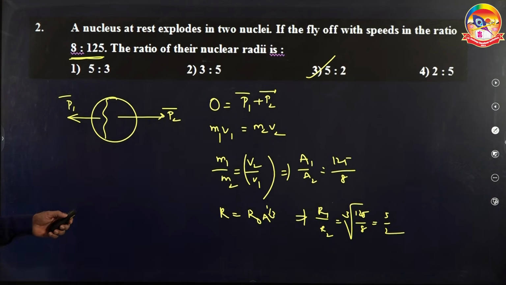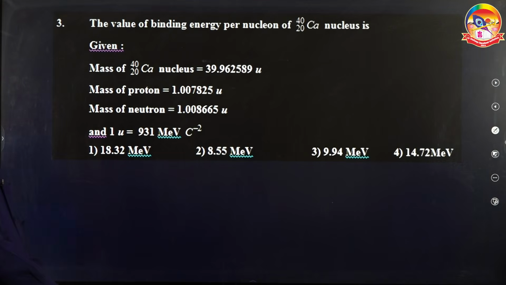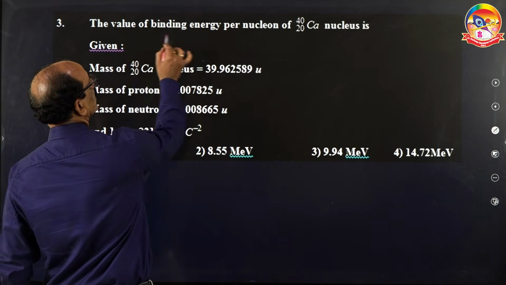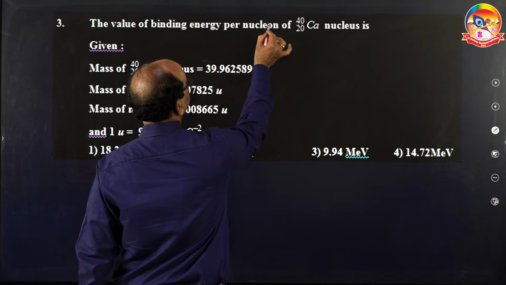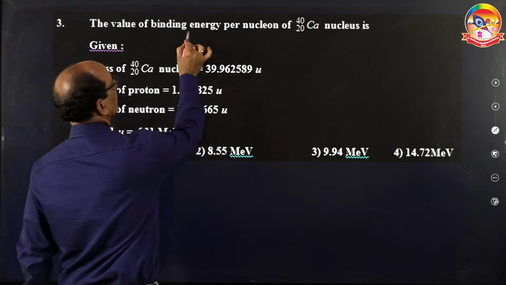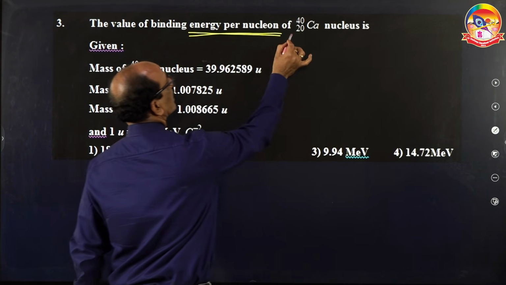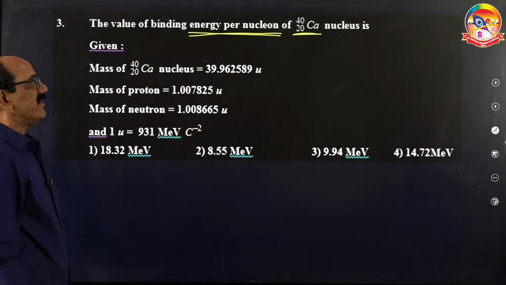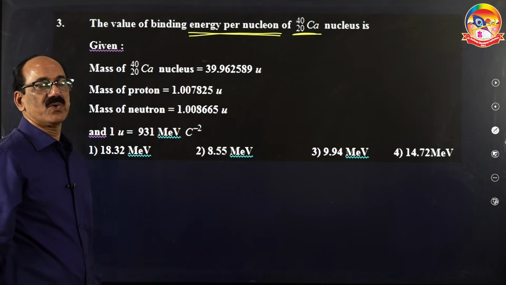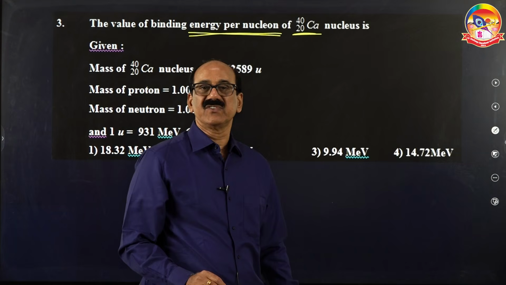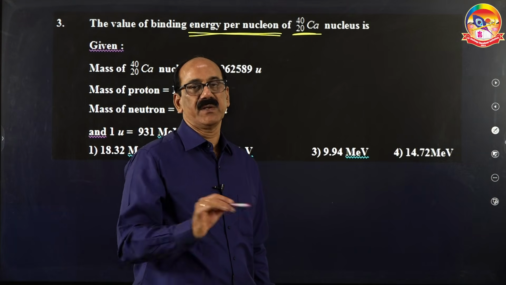Let us now look at the third numerical. The value of binding energy per nucleon of calcium 40 nucleus is. In the formation of the calcium 40 nucleus, the mass of the nucleus will be less than the mass of its constituent nucleons.